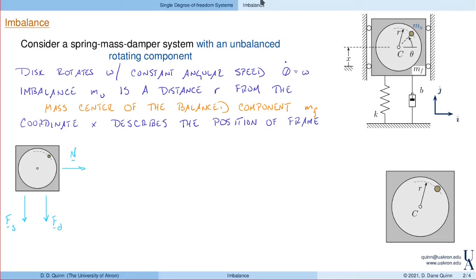Let's look at that just really quickly. If you think about the effect of these walls, the wall on the left can apply a force to the right. The wall on the right only applies a force directed to the left, in the minus i direction. Again, these walls can't pull the frame towards them.